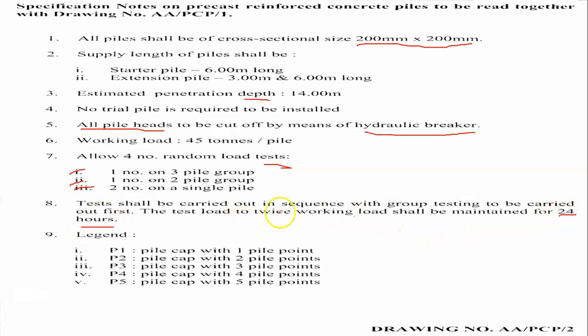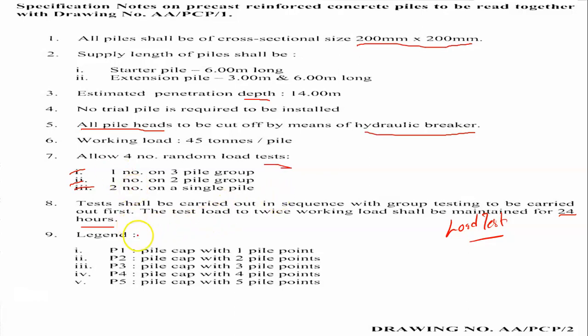This one is the load test. You have learned somewhere about the load test. So for the load test you need to follow all the regulations, the process, how you set up all the necessary gadgets for the load test.